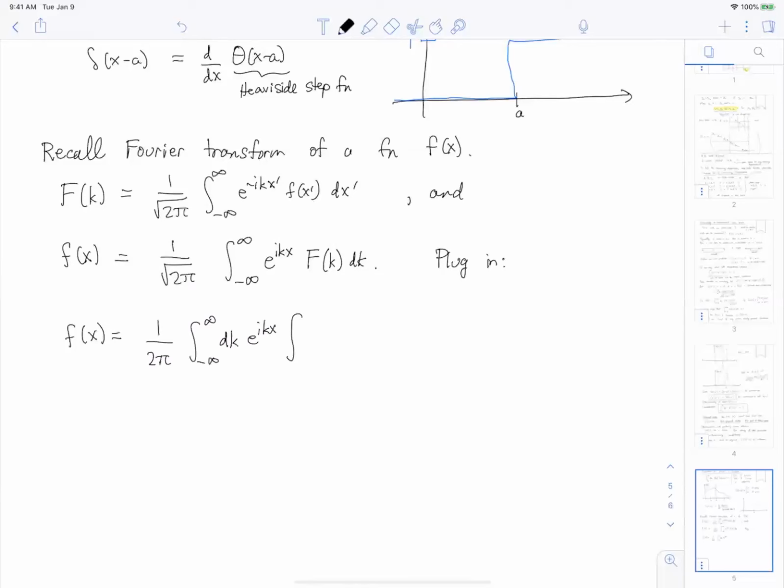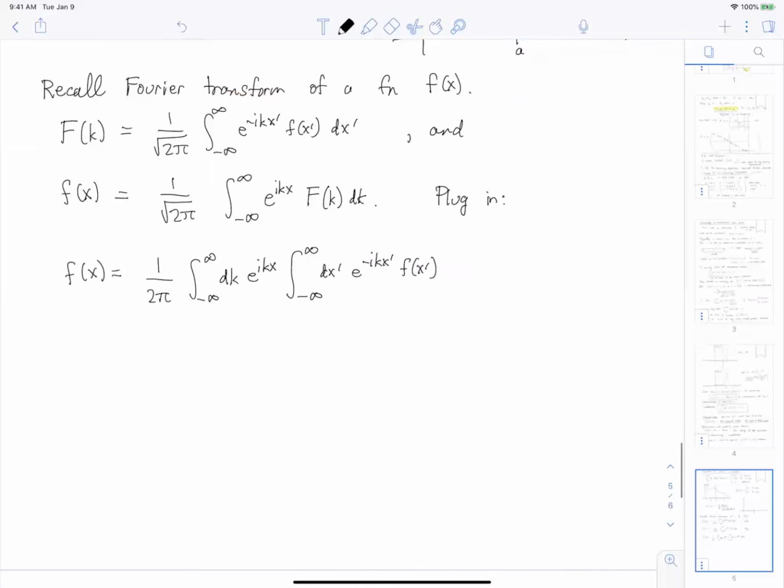And then another integral minus infinity to infinity dx prime, that's from here, of e to the minus i k x prime, f of x prime. And now what I'm going to do is rearrange the order of integrals.